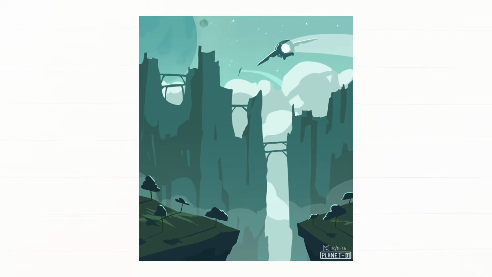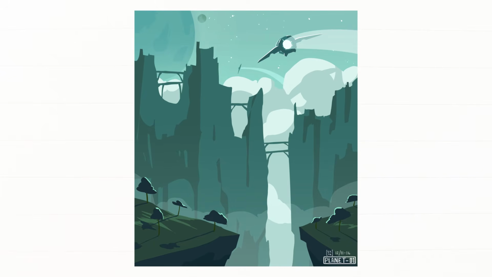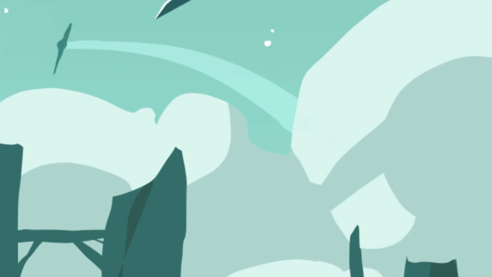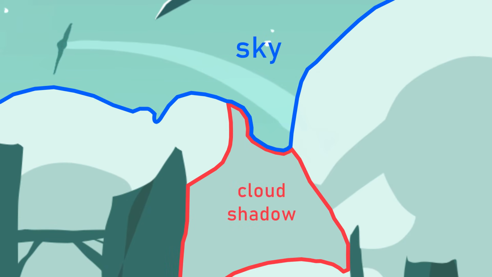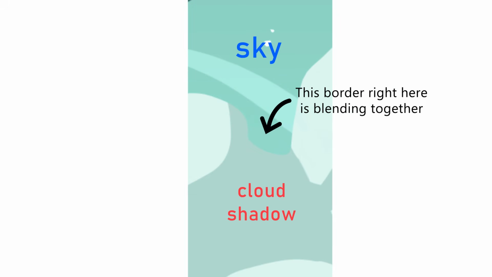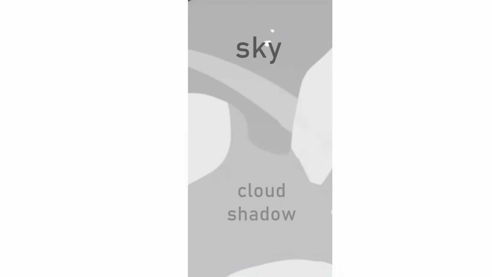Let's put this into context by looking at some art. Here's an illustration I made back in 2016. In the back, right over here, we have some clouds. Now, if you notice, you'll see that the shadow of the cloud kind of blends in with the sky in the back. By applying our black and white filter, we'll see why this is.